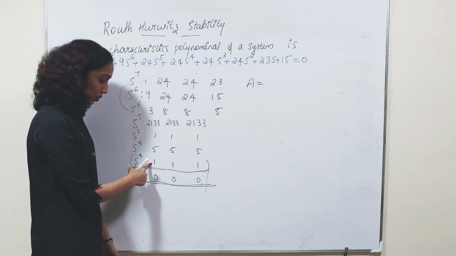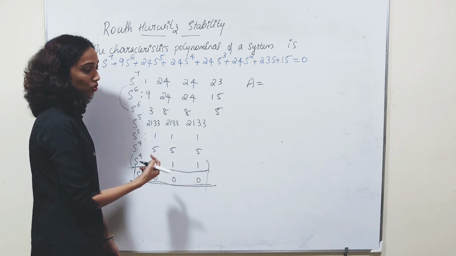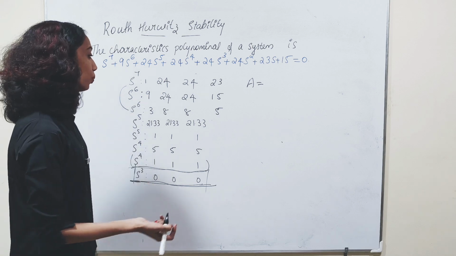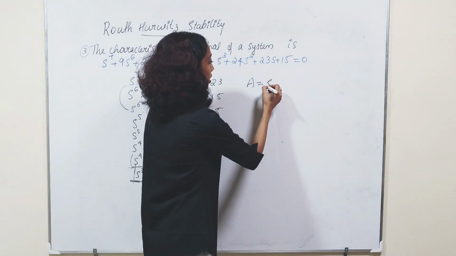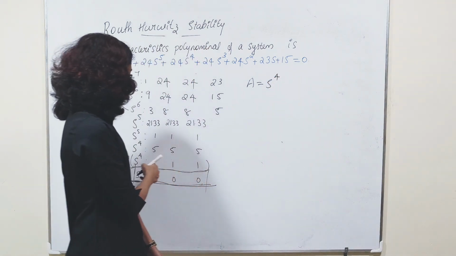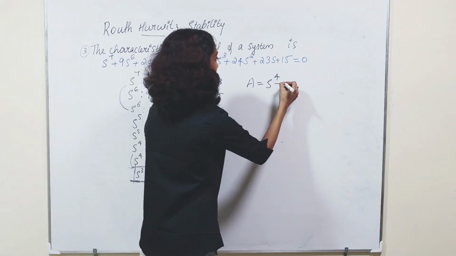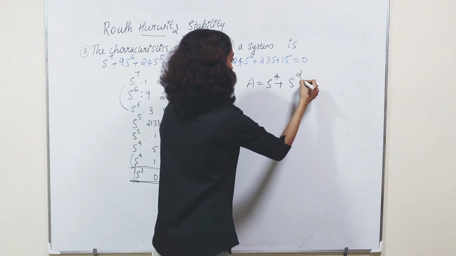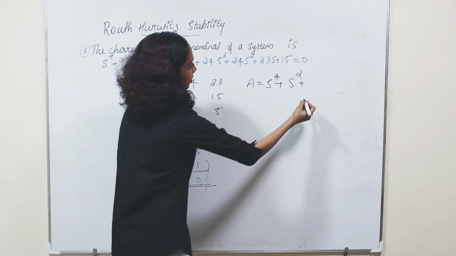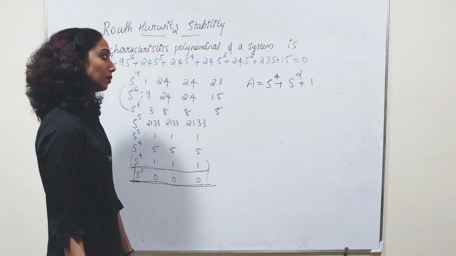That means it has s raised to 4, s square, and s raised to 0. So the auxiliary equation is 1 into s raised to 4 plus 1 into s square plus 1.